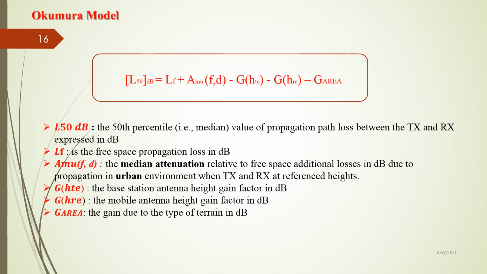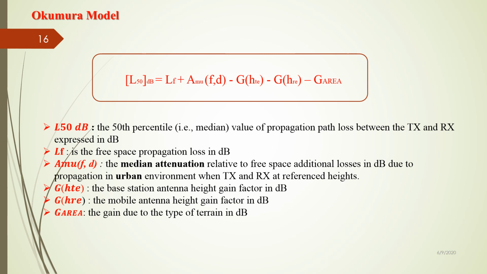In the Okumura model, the path loss can be determined by using this formula, that is the L50, the 50th percentile value of the propagation path loss between the transmitter and the receiver, expressed in dB, is equal to LF, that is the free space propagation loss in dB, plus AMU, that is the median attenuation relative to the free space, minus additional losses in dB.